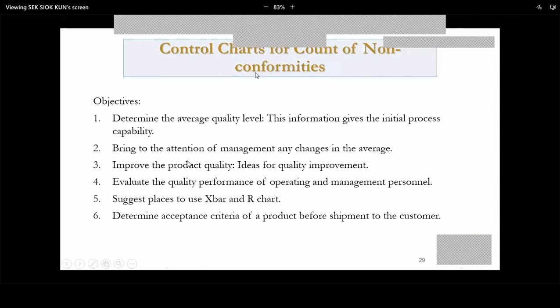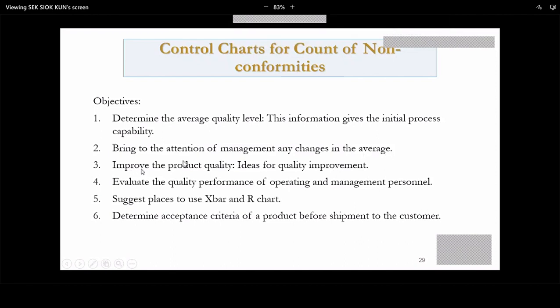These are the control charts of non-conformity. The main purpose is to determine the average quality level. This information gives the initial process capability. Then bring to the attention of management any changes in the average. Third is to improve the product quality, which gives ideas for quality improvement.